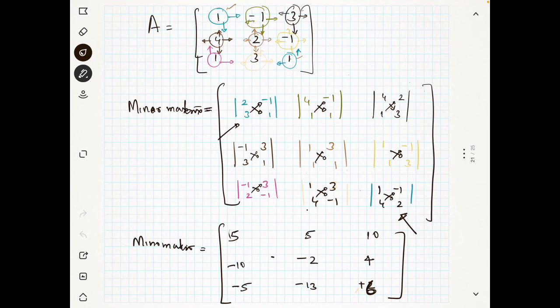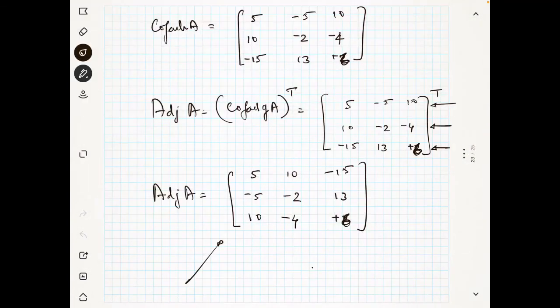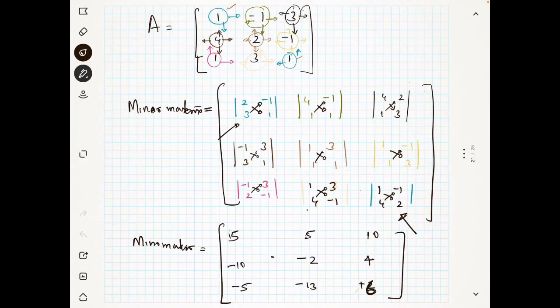So let me check here. What is my A inverse? I think I have made a mistake in this element. I will check it. This element is coming from the cofactor transpose. So the cofactor is, we will see. Yes, this is minus 5.